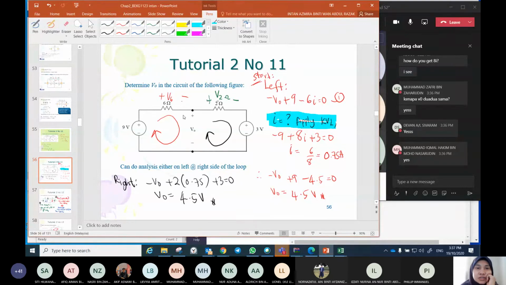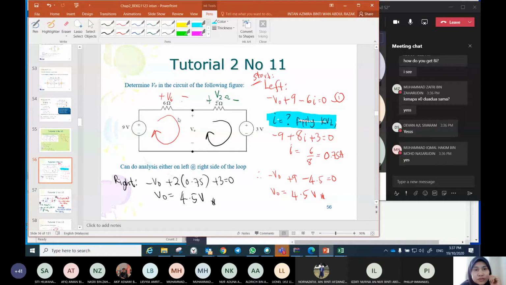So now we want to measure the voltage at the middle of the circuit. Okay, so we put the positive probe here at this point, the negative probe at the ground here. Okay, so the reading of that value is 4.5.